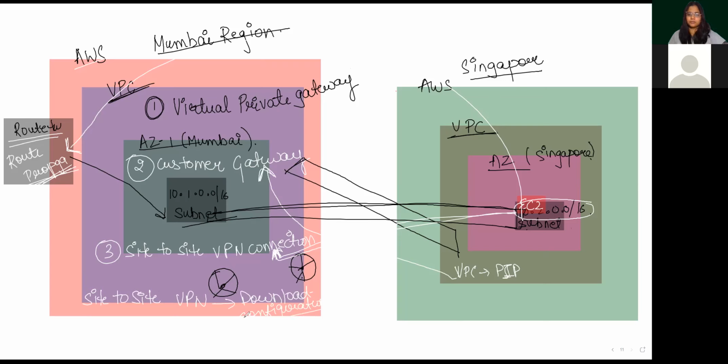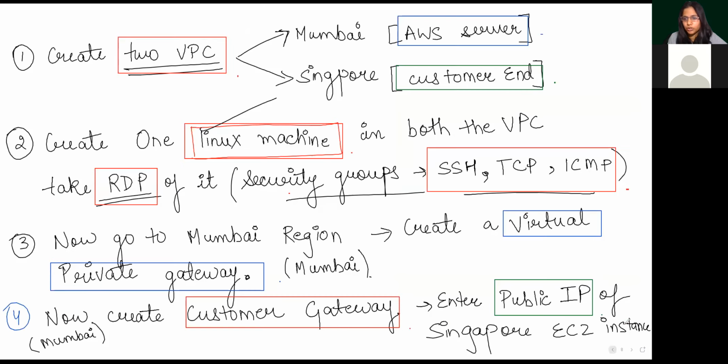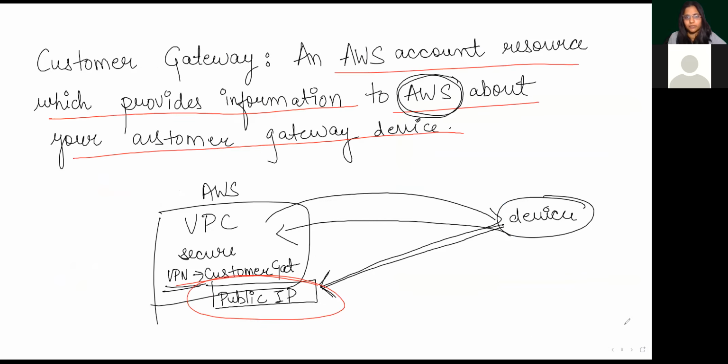Getting it? Any doubt in this connectivity? No. No doubt. We require another 1 hour to start the practical. Otherwise, the theoretical part is complete. I explained everything that you need to know about VPC site-to-site connectivity.